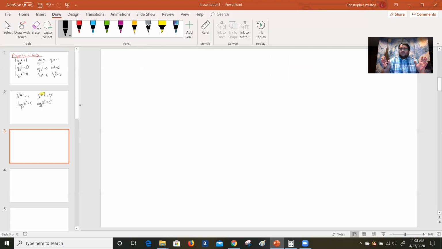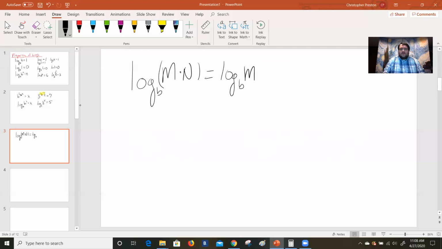Then there's properties for combining or expanding logarithms. So again, these are really rules of exponents. So log b of m times n equals log b of m plus log b of n.